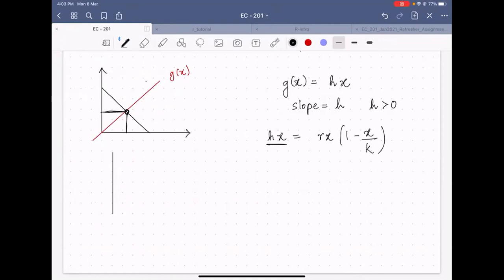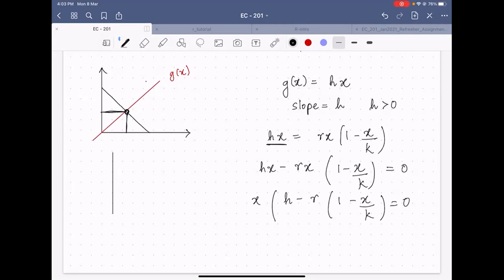So when I equate these two, I take this function to the left hand side and then equate it to 0. So I do hx minus rx times 1 minus x by k equal to 0. So now from this I can take x common, which gives me x times h minus r times 1 minus x by k equals 0.